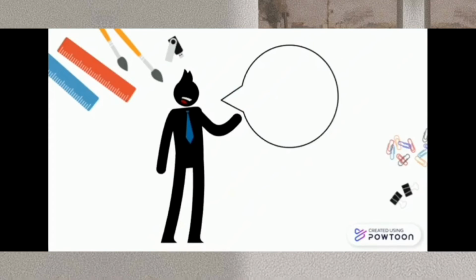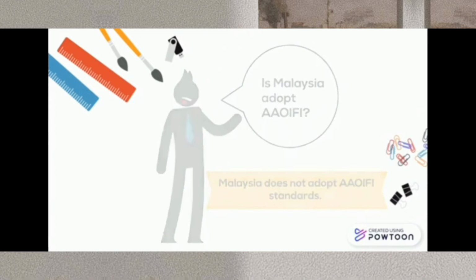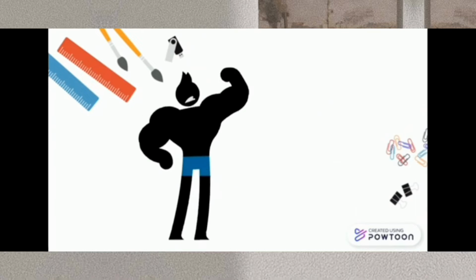So, how about Malaysia? Does Malaysia follow and adopt AAOIFI standards? Malaysia does not fully adopt AAOIFI standards, especially for accounting and auditing, and also for Islamic financial institutions and takaful operators.